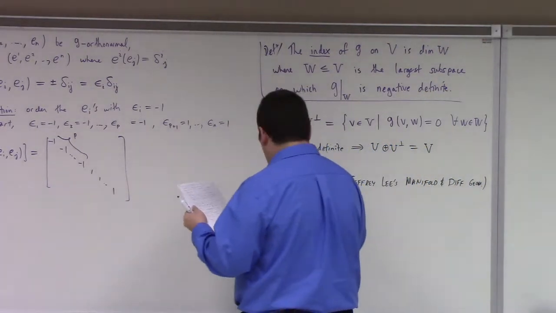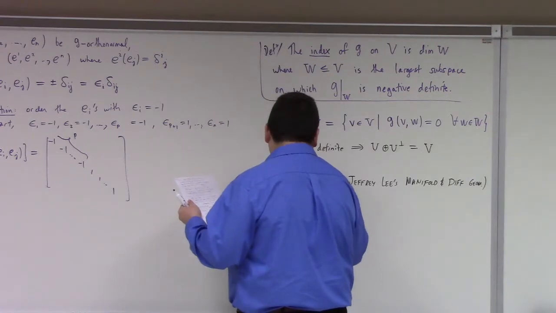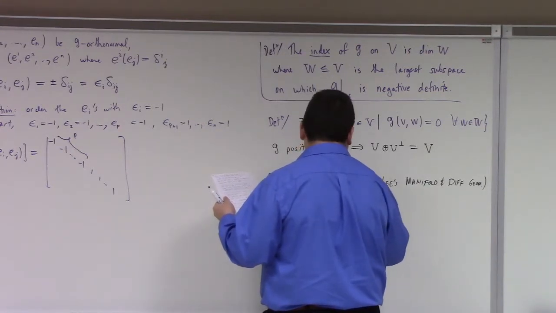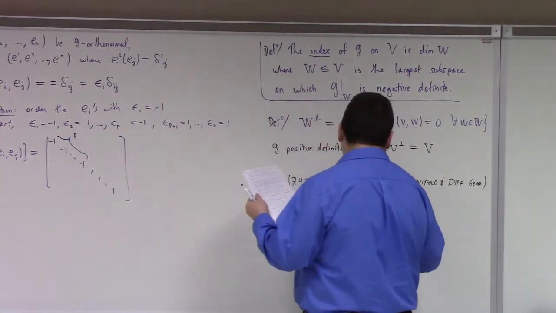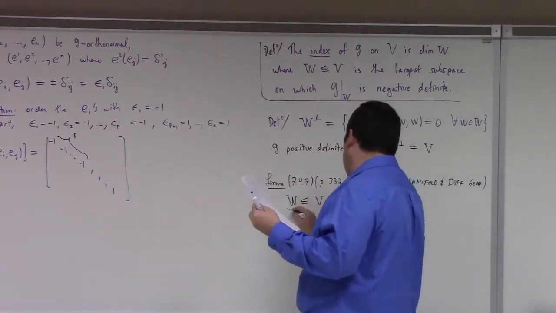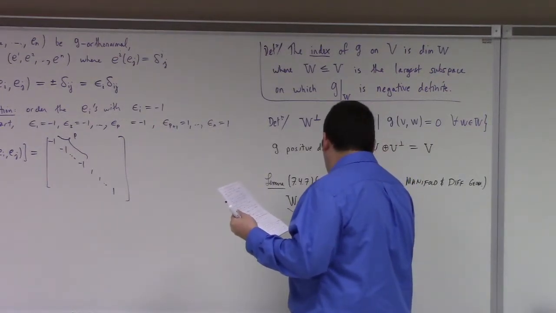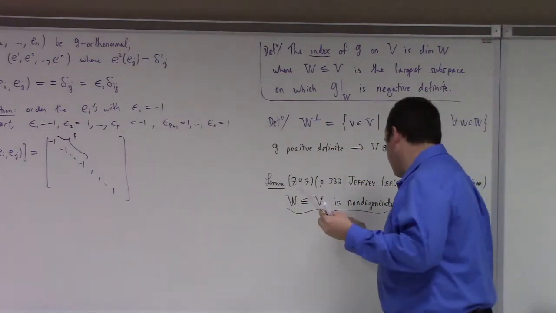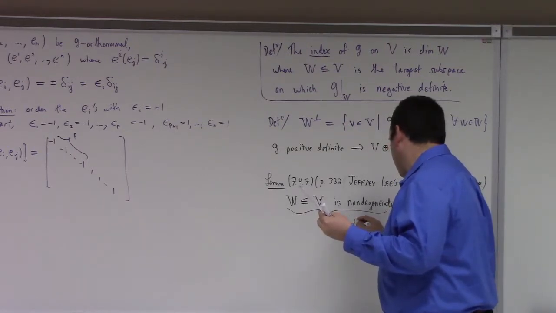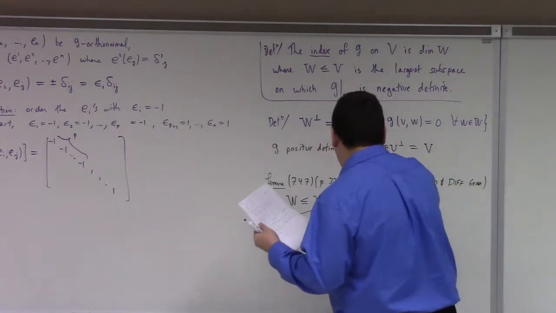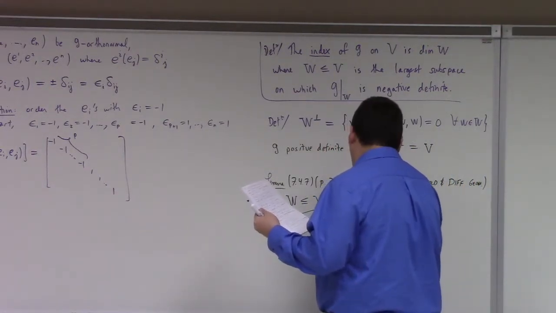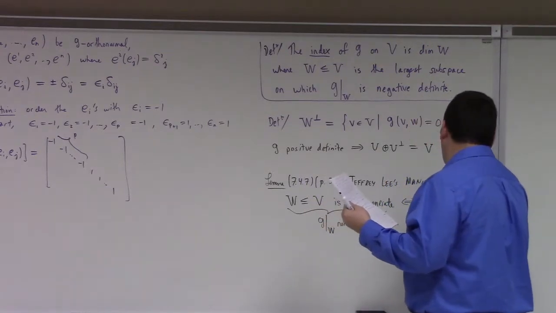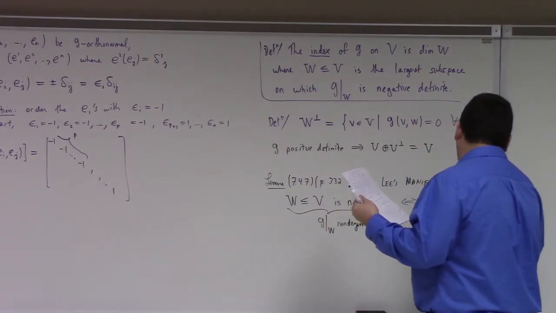It says a subspace W of V is non-degenerate, by which I mean that the metric restricted to W is non-degenerate, if and only if W direct sum with W perp is the vector space V again.